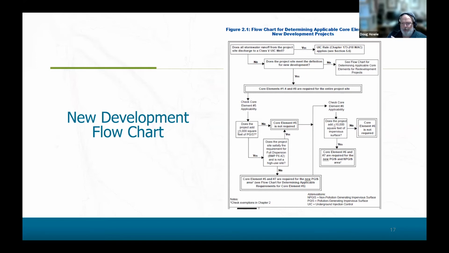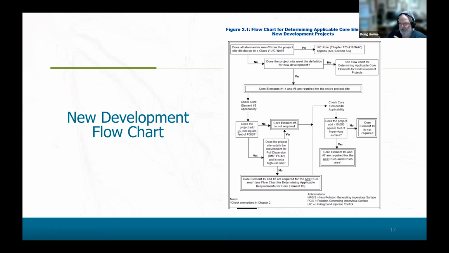And that's non-pollution generating impervious surface. And that leaves me with 4,000 square feet of parking. Kind of a crazy relationship, but yes, if I only have 4,000 square feet of parking, I don't have to do treatment. I don't have to do core element 5 because I don't have more than 5,000 square feet of PGIS.